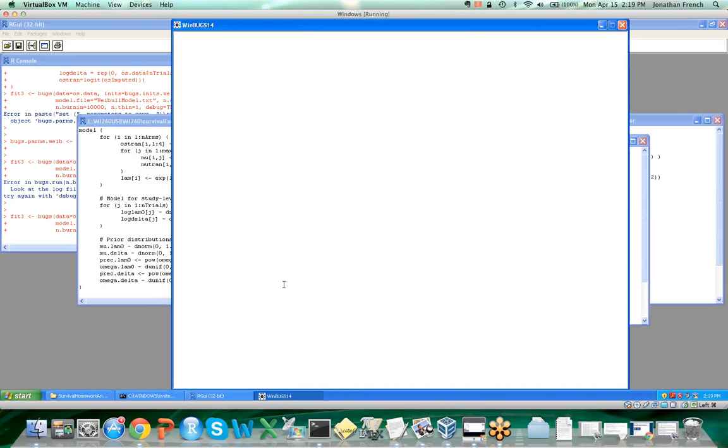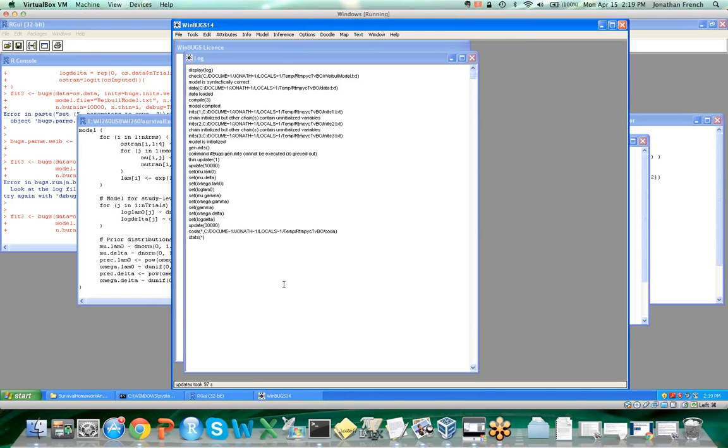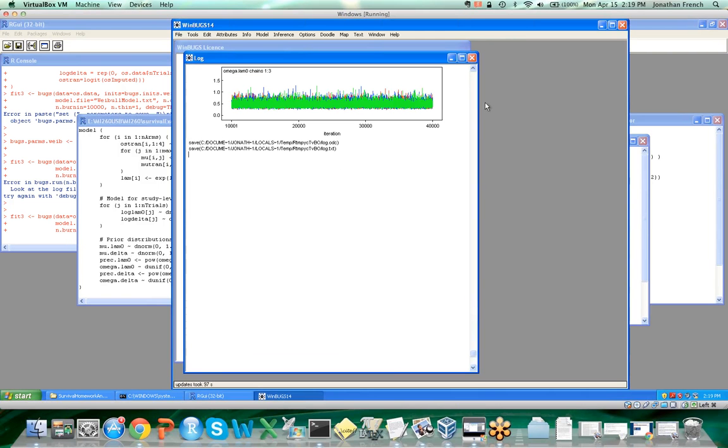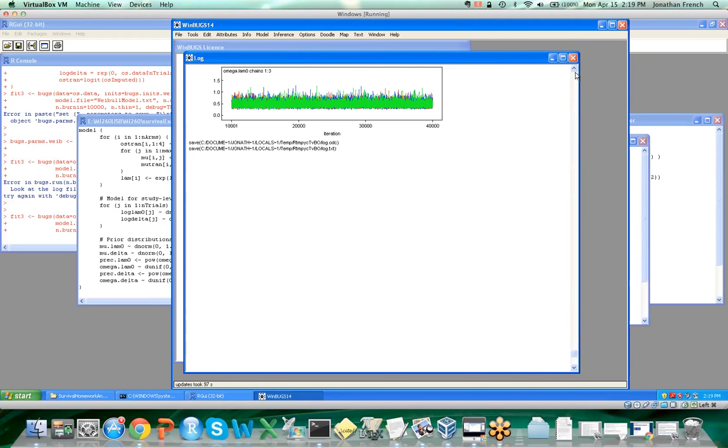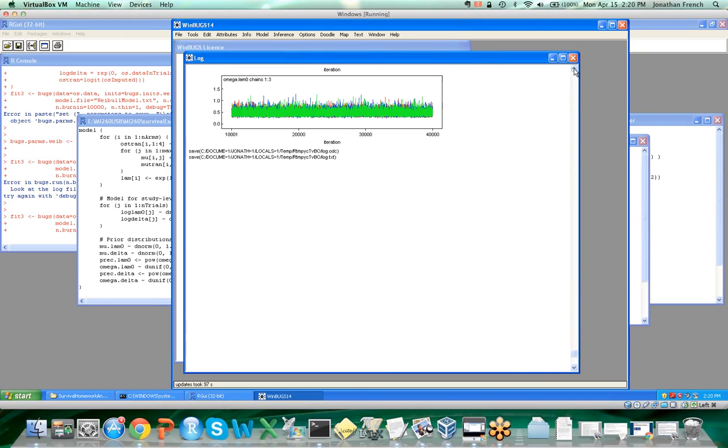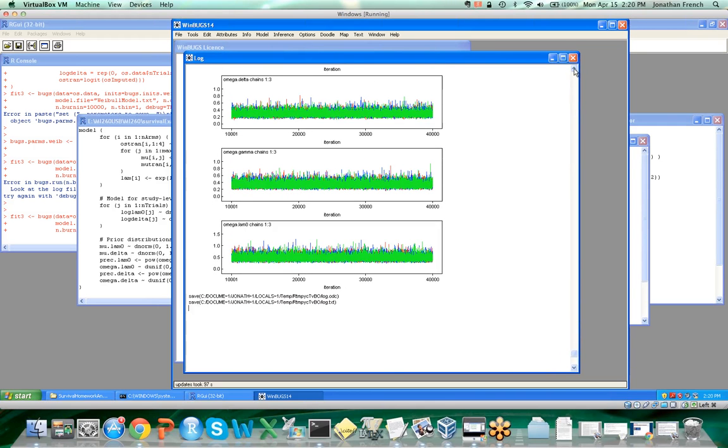I'm guessing that it's wrapping things up here. Okay. So here are our history plots for the parameters that I monitored. I essentially monitored all of the individual treatment arm level or study level parameters, as well as the overall mean parameters and the between study variances. As we look at our trace plots, we want these to look like hairy caterpillars.